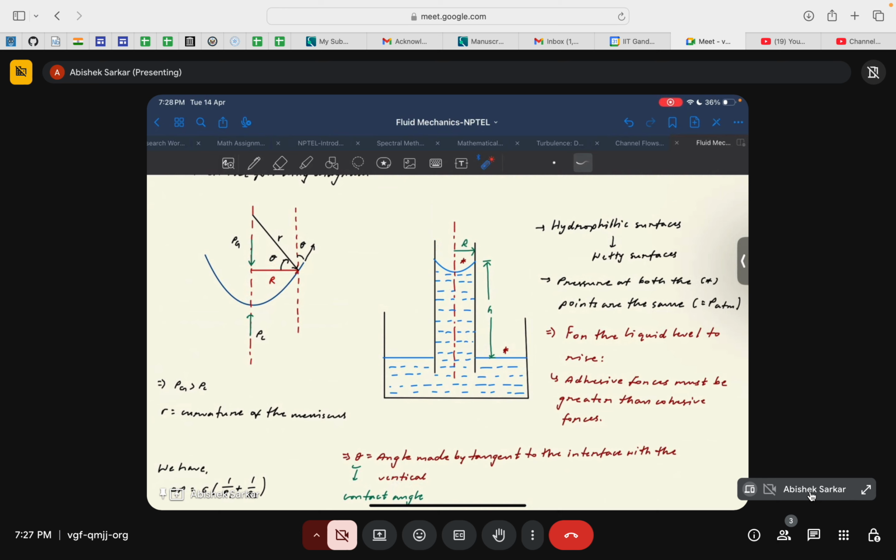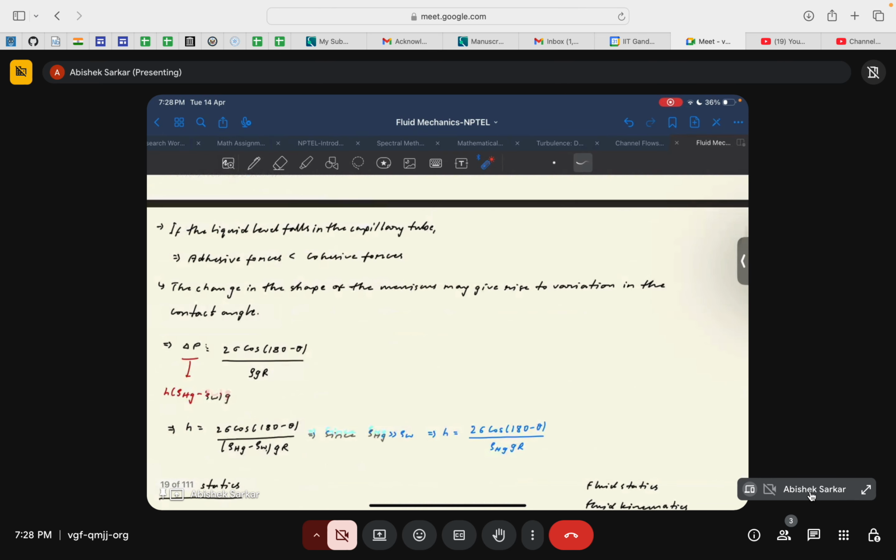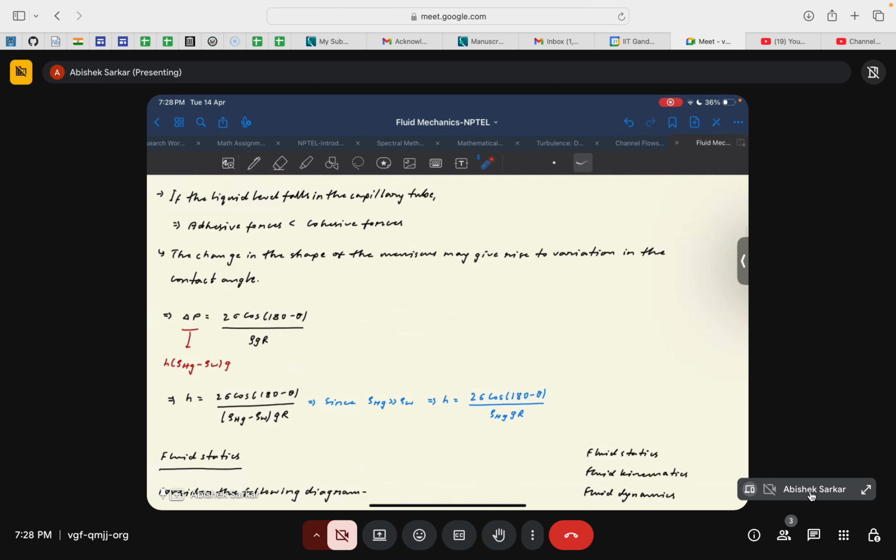So if the adhesive forces are greater than the cohesive forces between the fluid molecules, then this angle will always be an acute angle, that is lesser than 90 degrees. I'm sorry, I mixed up.